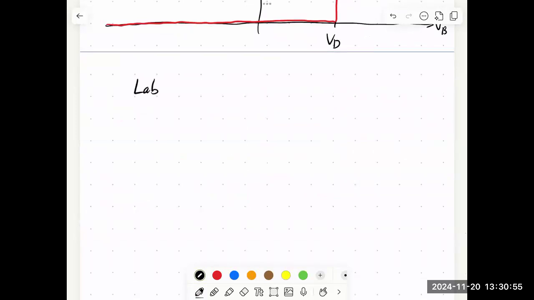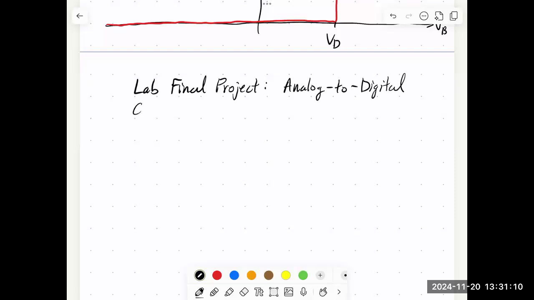Okay, so the lab final project is the analog to digital converter. I'm not going to try to explain right now how the entire analog to digital converter works.